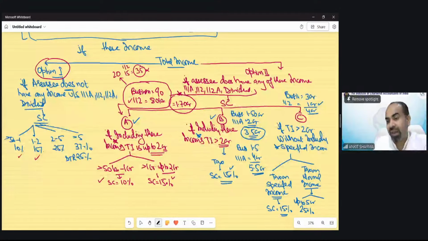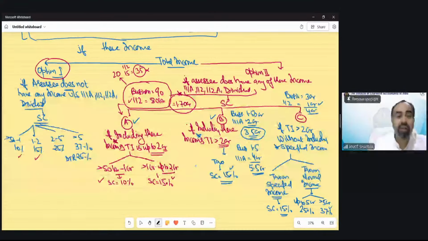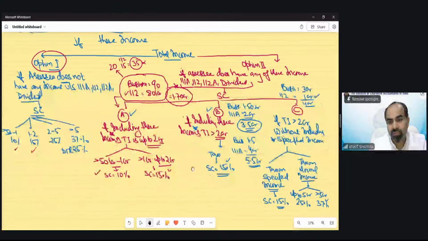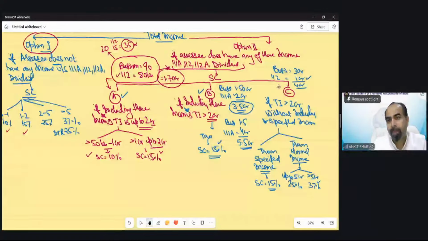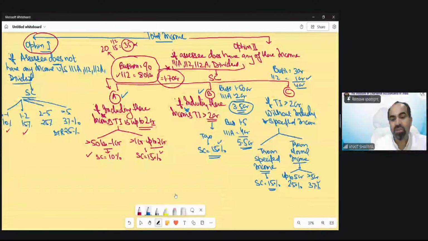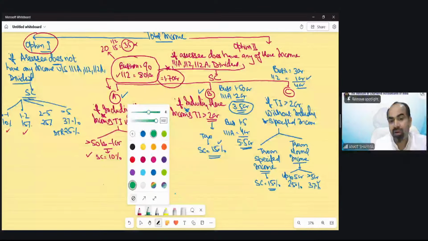And if exceeding 5 crore, suppose the normal income is exceeding 5 crore, then the surcharge rate would become 37% under the optional tax regime. So in this example, on 1 crore, the surcharge rate would be 25%. And on 3 crore rupees, the surcharge rate of 25% needs to be applicable.